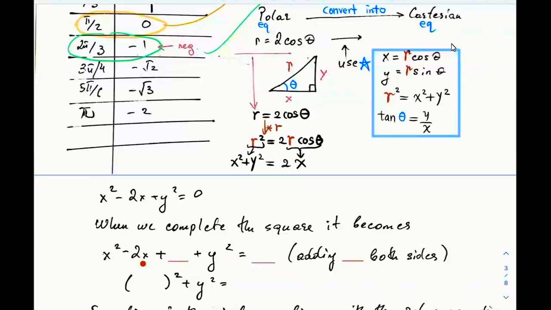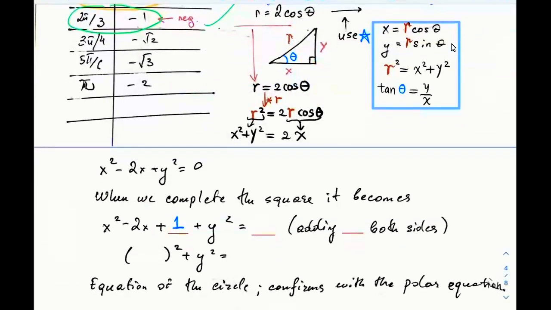So X squared minus 2X, what number do you add here to make a perfect square? 1, yeah, you got it. So I will put a 1 here, so that will be a perfect square. If I add a 1 on this side of the equation, I need to add 1 on the other side to balance it, right? Okay, so add 1 to both sides.